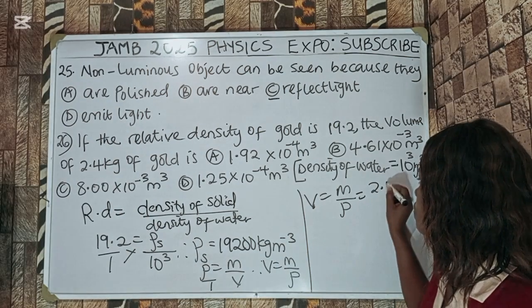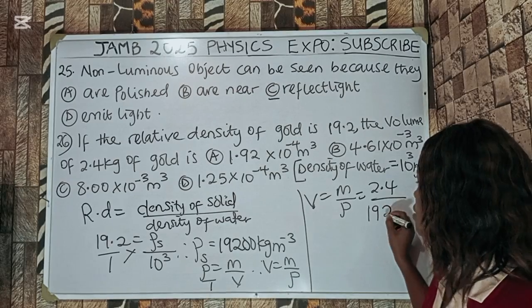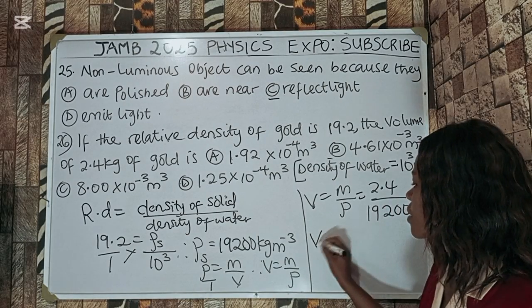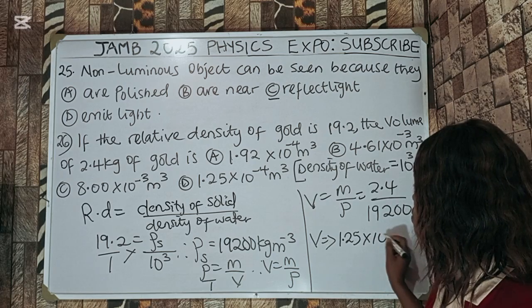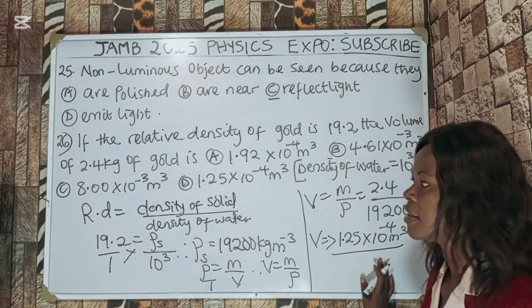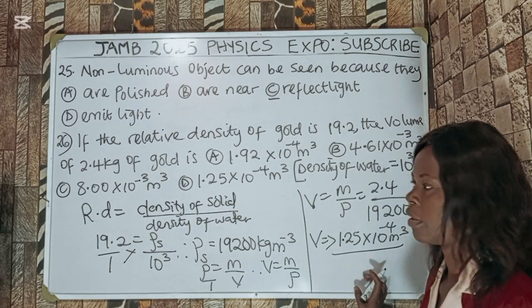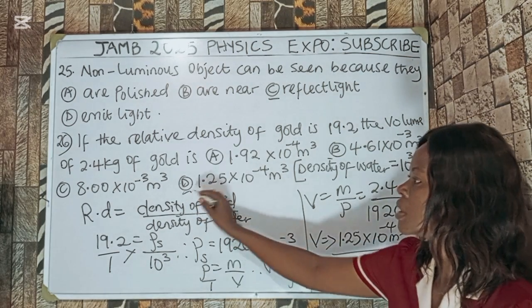The mass is given as 2.4 divided by the density, which we got as 19200. Okay? The answer becomes 1.25 times 10 to the power of minus 4 meter cube. Is that clear? So this is how to get the volume of the material. So the correct option in this question is option D.